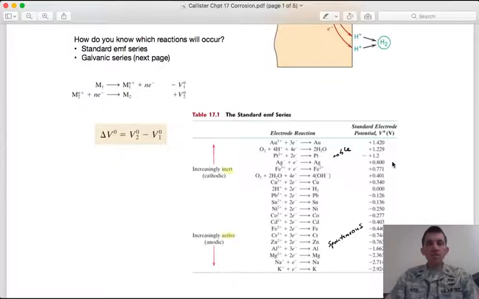And in this series, what we have are a number of electrode half reactions, right? And so we have ions and the corresponding number of electrons forming a neutral species, and the standard potential is listed there as well.